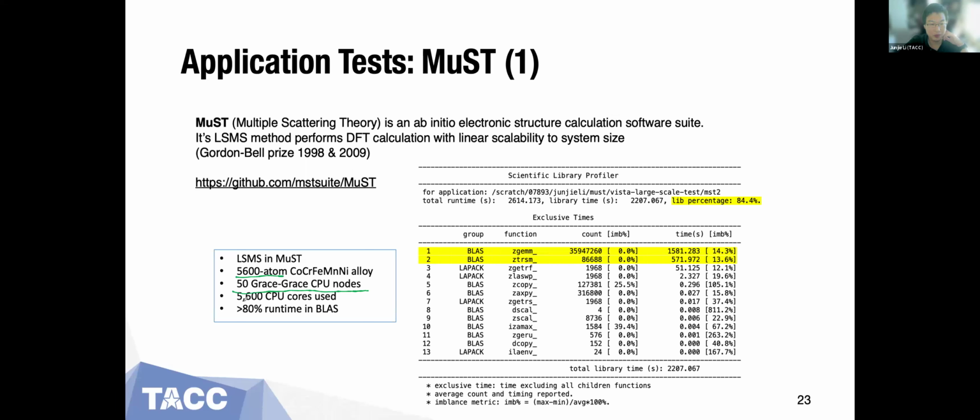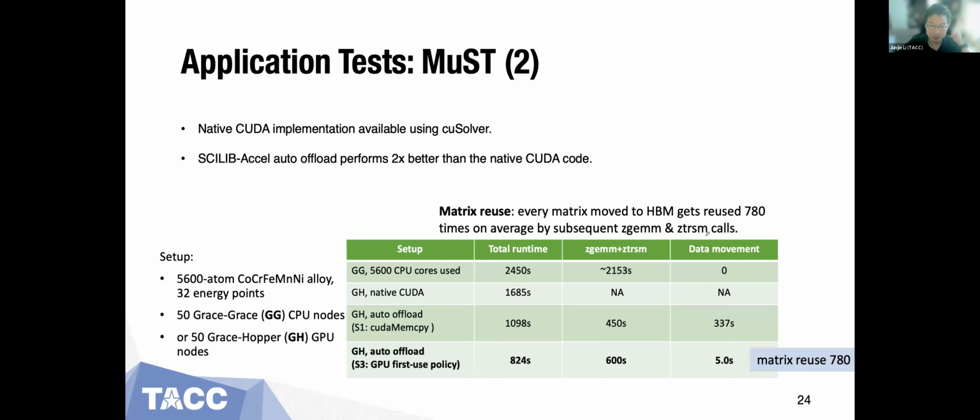There are 5,600 CPU cores used, and you can see here more than 80% of the runtime is spent in BLAS, and this is a profiler that I developed. The two top BLAS functions, ZGEMM and ZTRSM, take almost 80% of the total runtime. So it's really a very ideal target for me to apply my automatic offload library.